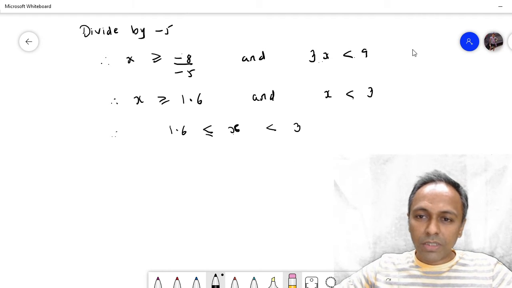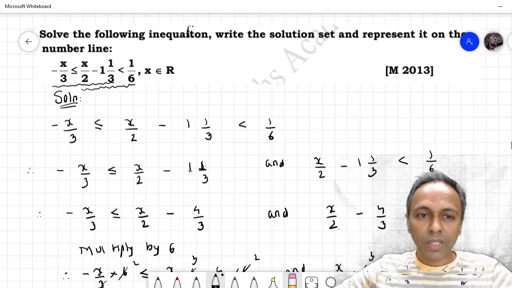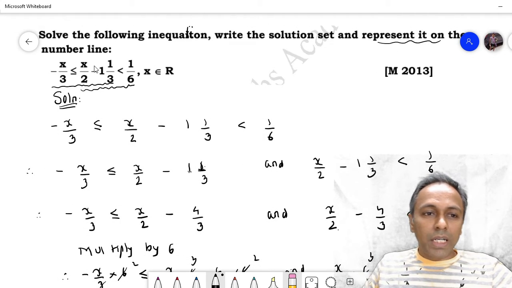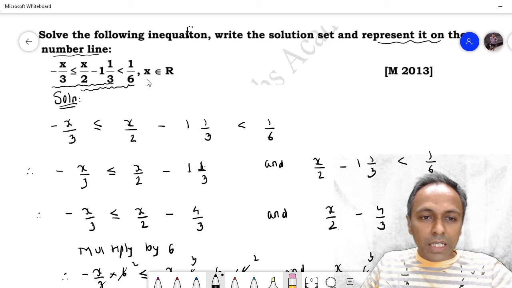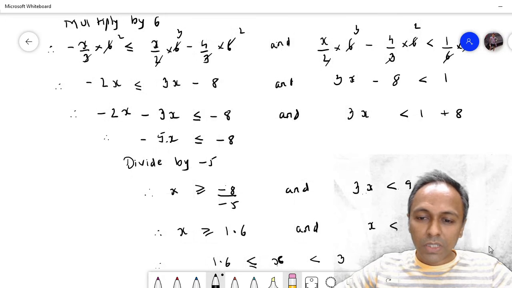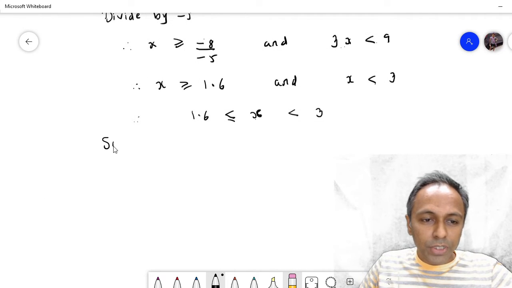If you observe the question, they have stated, this is a board question, and represent it on the number line. And here it is written x belongs to R. So what should we write first? Solution set.